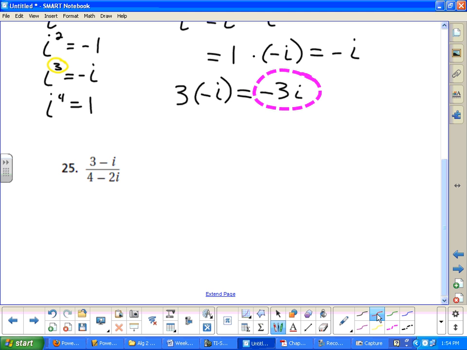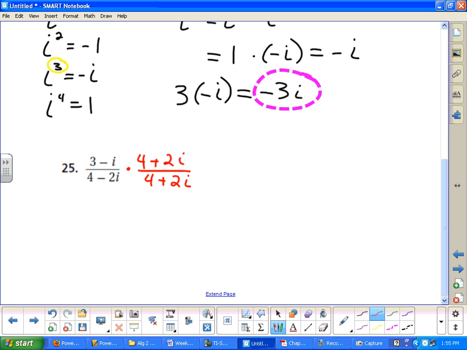What's the conjugate of 4 minus 2i? 4 plus 2i. The conjugate changes the imaginary part only, not the real part. So I would multiply this by 4 plus 2i over 4 plus 2i, because I have to multiply by 1. I'm going to change the way it looks, I'm not changing the value of it. Anytime we reduce fractions, we're changing the way they look, not the value of them.